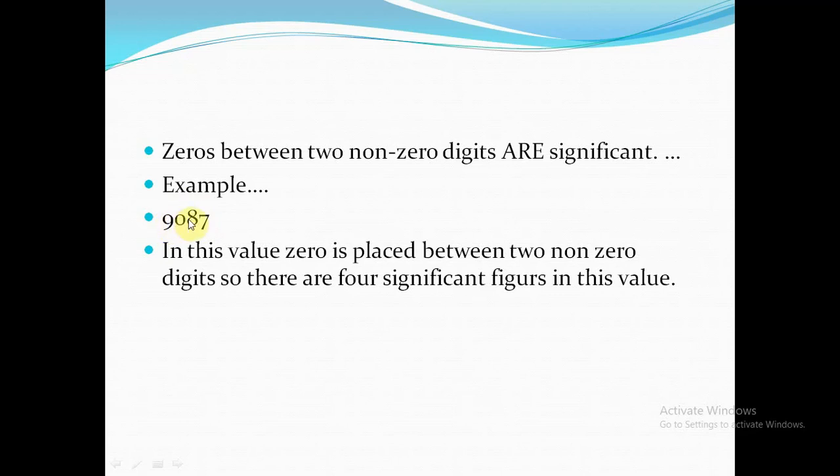In this value, 0 is placed between two non-zero digits. Remember one thing, 0 is also counted as a significant figure here. So there are 4 significant figures in this value.